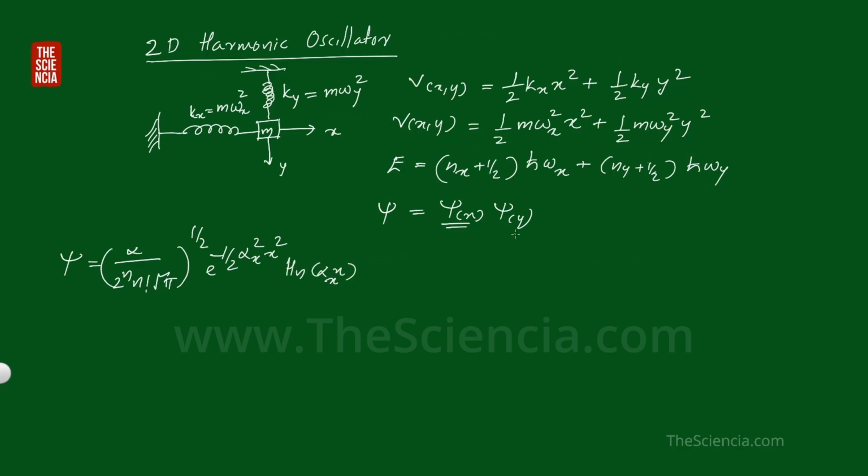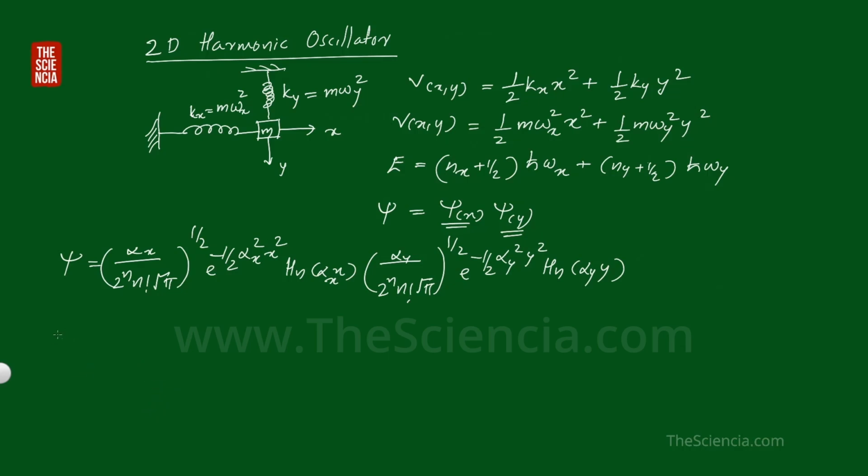And similarly we can write psi of y, with alpha y here, alpha by 2 raised to n factorial root pi, all raised to half, e raised to minus half alpha y square, Hn of alpha y.